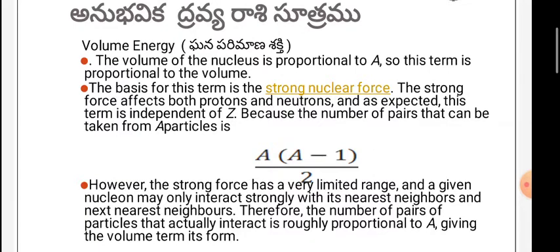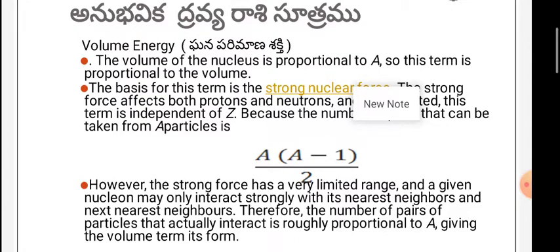Volume energy. Let us start the description with volume energy. The volume of the nucleus is proportional to A. That is, as the mass number increases, the volume of the nucleus increases. The basis for this term is the strong nuclear force of attraction among the protons and neutrons, which is taken as A(A-1)/2.